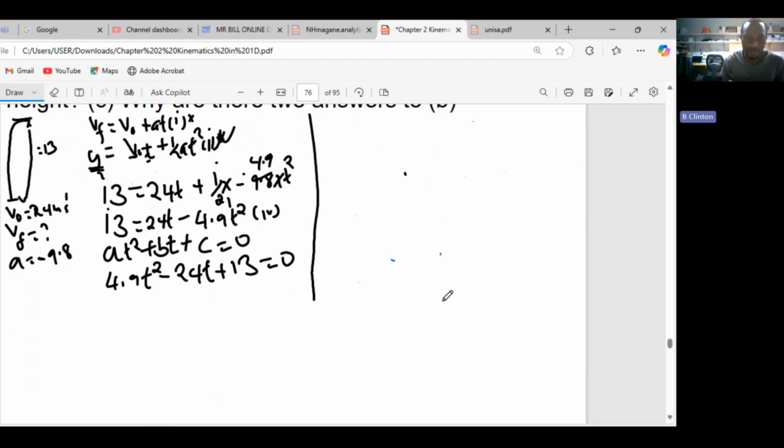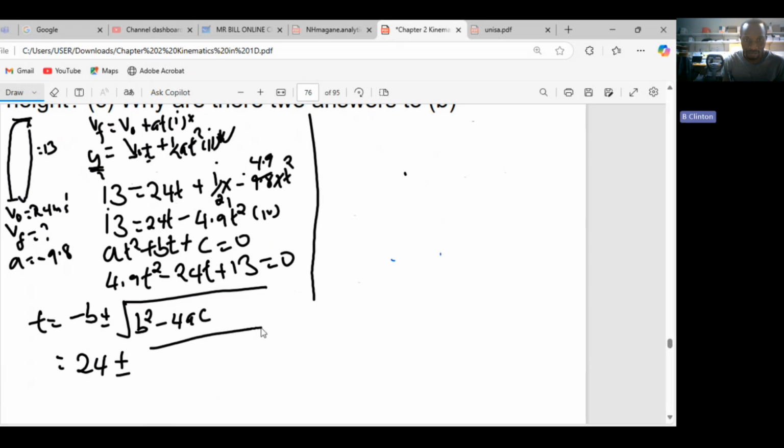From here, we can say that our t is equal to minus b plus or minus the square root of b squared minus 4ac. And this can proceed and say minus b, our b is minus 24. So minus 24 times minus is going to give us positive 24, plus or minus everything under root.